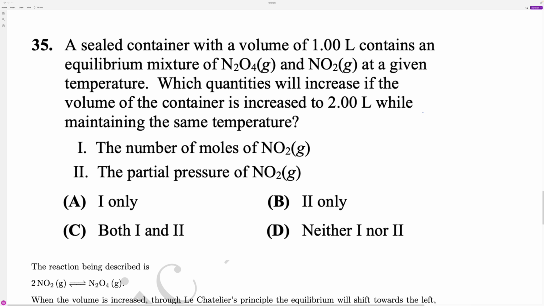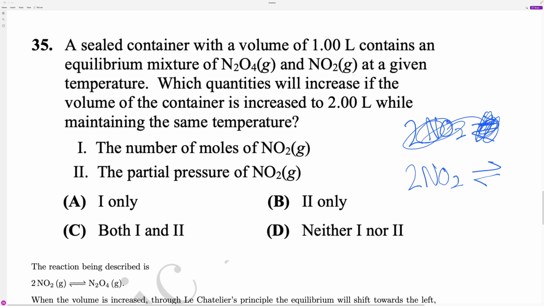So let's break down what the reaction actually is. It's essentially this in equilibrium, and both of these are going to be gaseous. Sorry about that, this is a pretty bad arrow format. So we have 2 NO2 in equilibrium with N2O4, and these are both gaseous again.